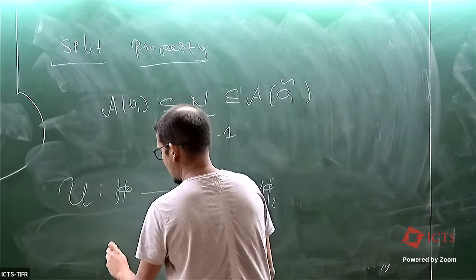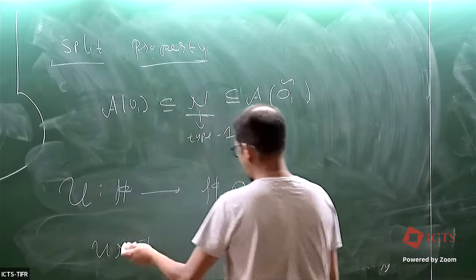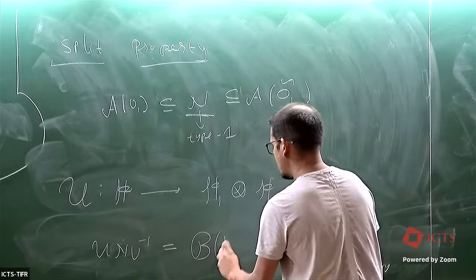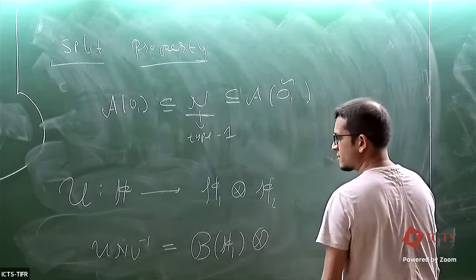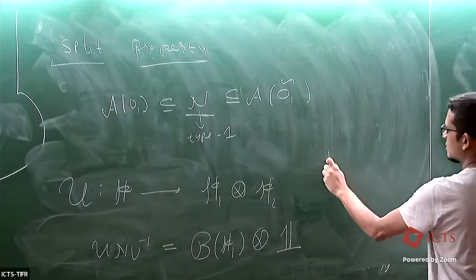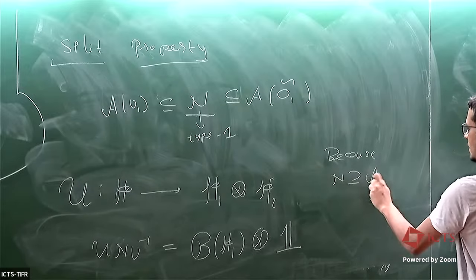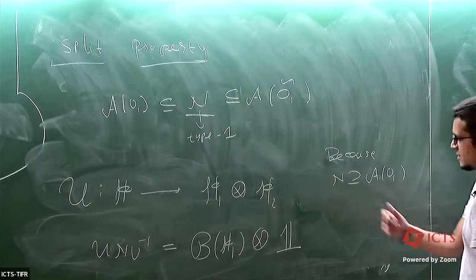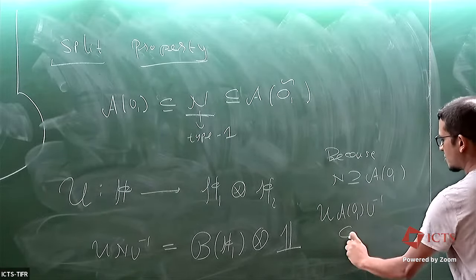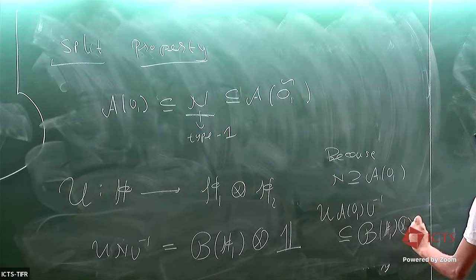such that the action of N, conjugated by U inverse, is actually equal to B(H1) tensored with 1. Because N contains A01, this obviously implies that U A01 U inverse is a subalgebra of B(H1) tensored with 1.